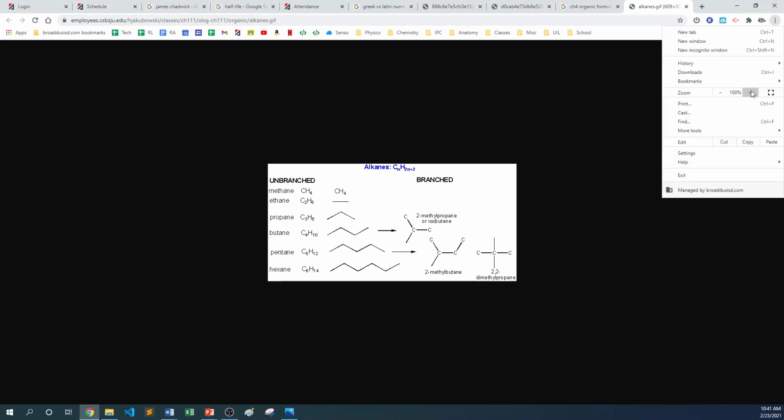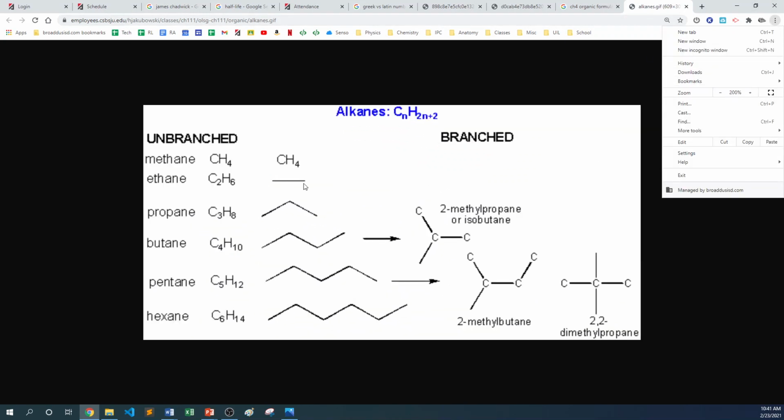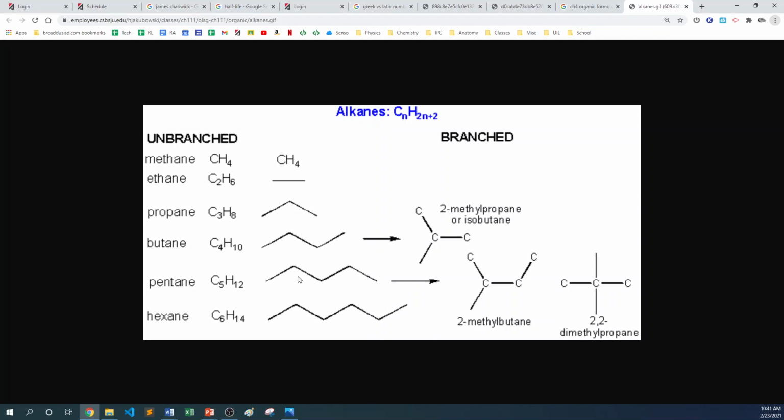This is the most common way you see it. A single line would be C2H6. A line with a bend is C3H6. This zig is C4H10. We'll learn this notation. It's really easy to learn.